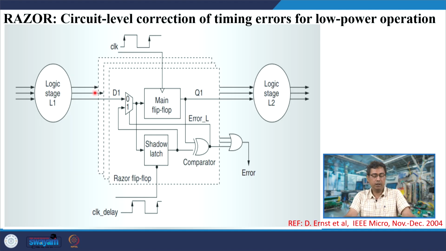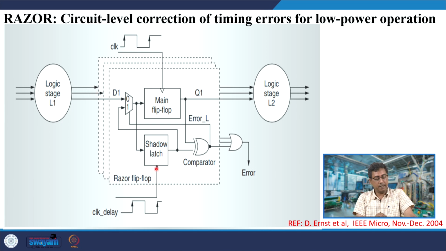One of the methods to overcome this issue is to use a warning latch, or a shadow latch, which would do an error correction whenever there is a violation of, say, setup time.